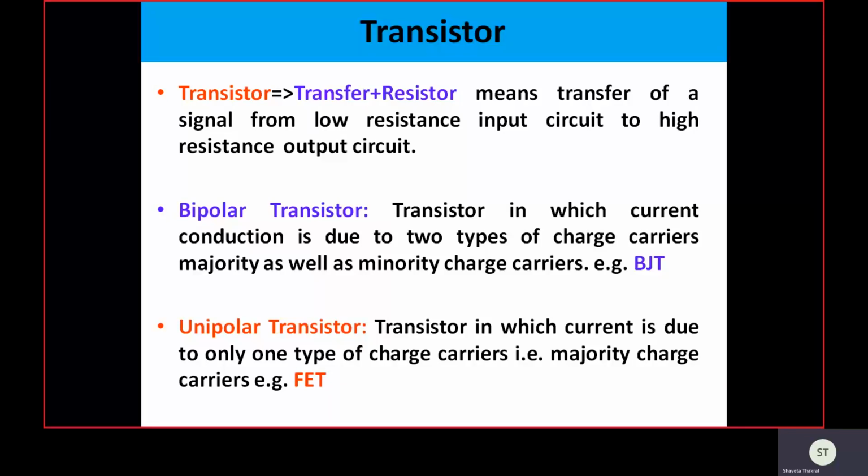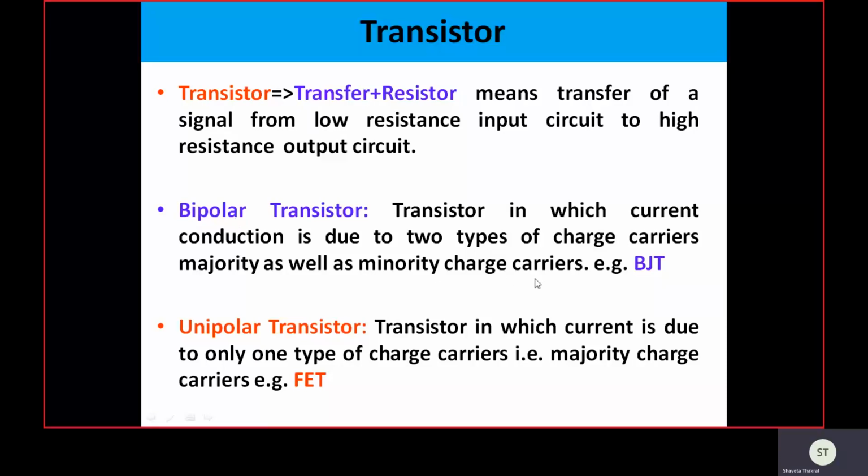We can have two types of transistor. One is the bipolar transistor and the other is the unipolar transistor. If in a particular device the conduction is because of two types of charge carriers, that is majority charge carriers as well as minority charge carriers, that particular device is considered to be bipolar.